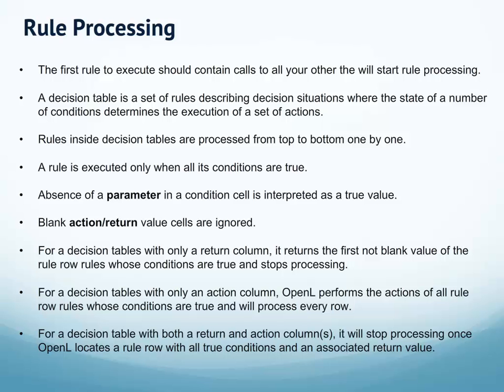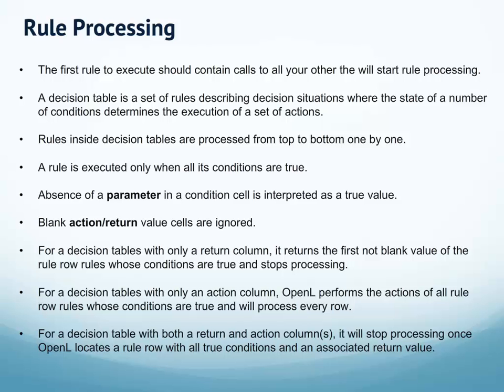So rules inside your decision tables are processed from top to bottom, one by one. A rule is only executed when all of the conditions in that row are true. If there is no value in your conditional parameters, that's going to be interpreted as a true value.